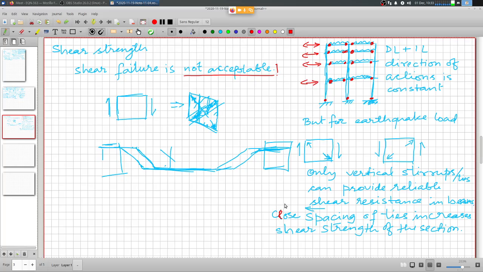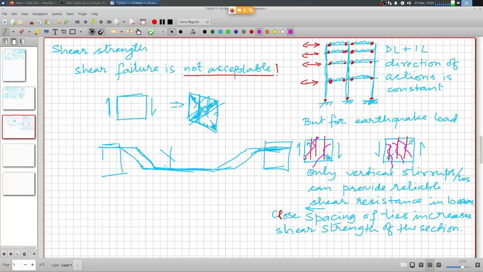By having a larger number of closely spaced stirrups in the section, there will not be any possibility of diagonal tension or diagonal shear cracks taking place, because those would be intercepted by the lateral ties.